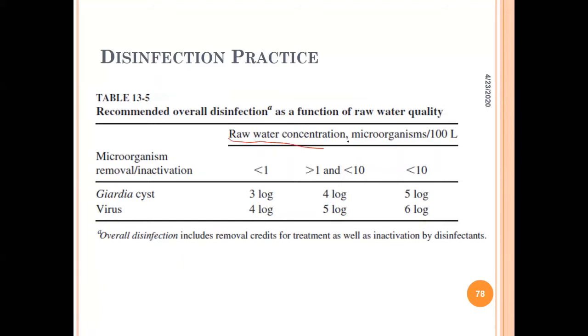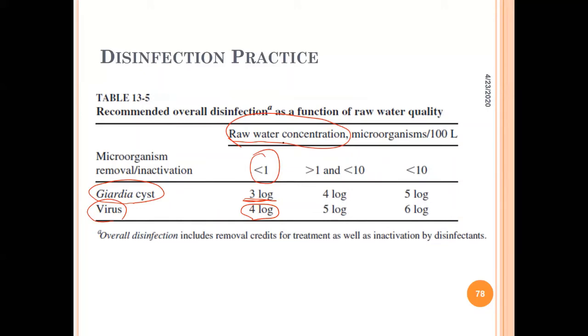If raw water concentration is less than 1 microorganism per 100 ml, we have to do 3 log removal for Giardia cyst and 4 log removal for viruses.